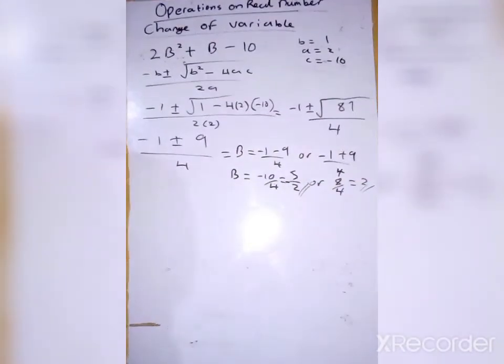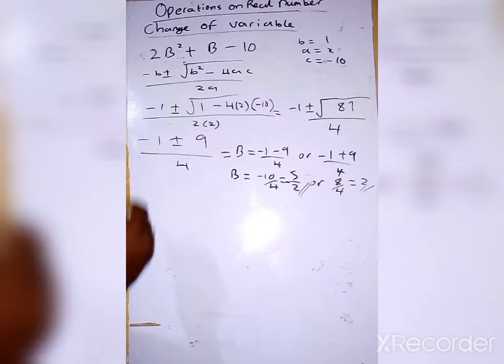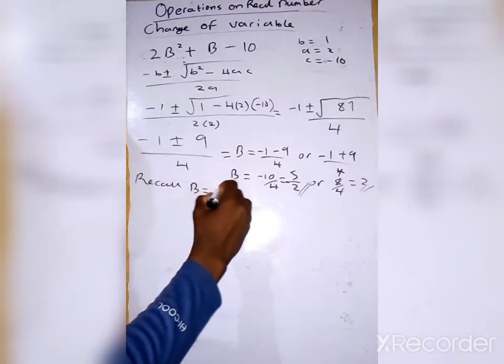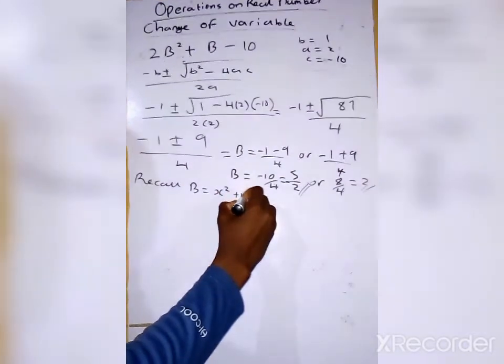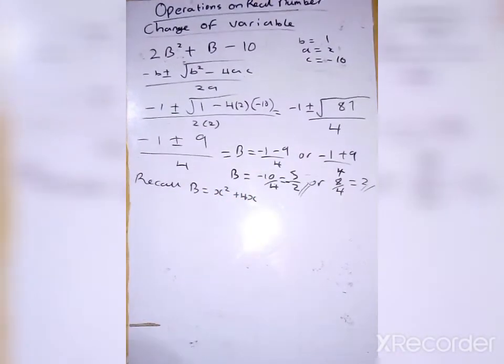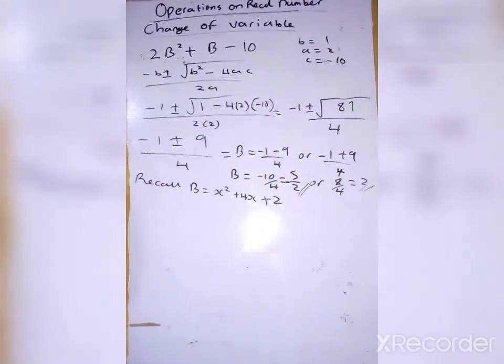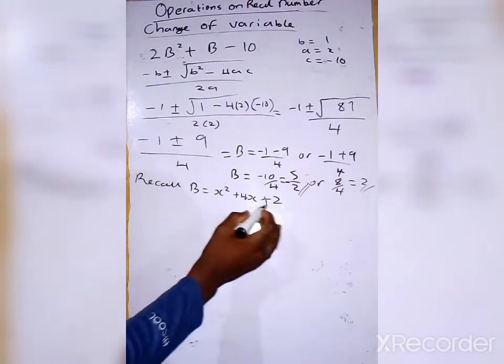So we now recall what our b is. b equals x squared plus 4x plus 2. So this was our b initially.